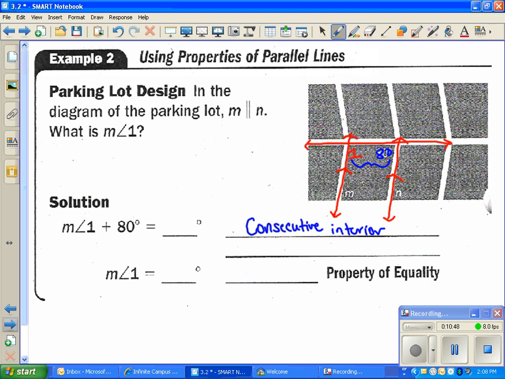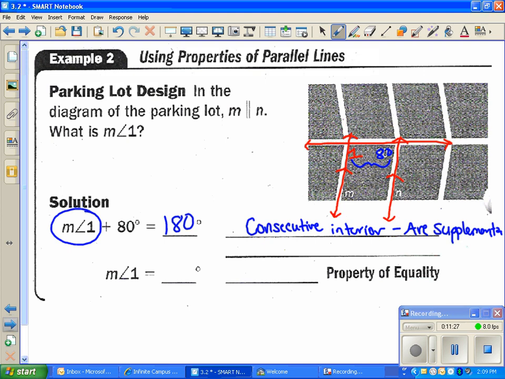Okay, what do we know about consecutive interior angles? They add up to be what? Today, if the lines are parallel, consecutive interior angles add up to be what? They are supplementary, right? And supplementary means it adds up to be what? Very good. All right. So how would you solve? If I have a variable plus a number equals 180, how do I solve that? How do I get this variable by itself?